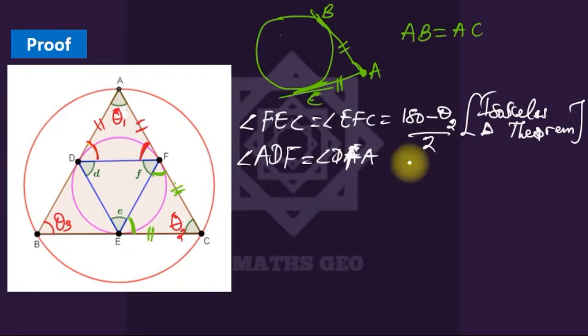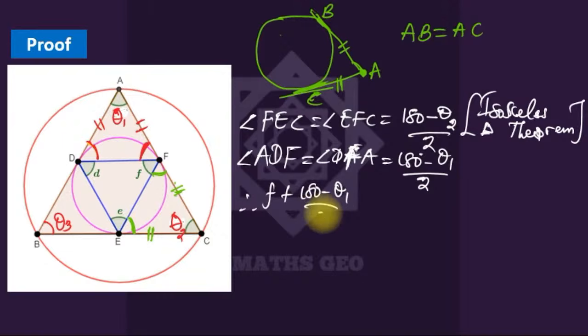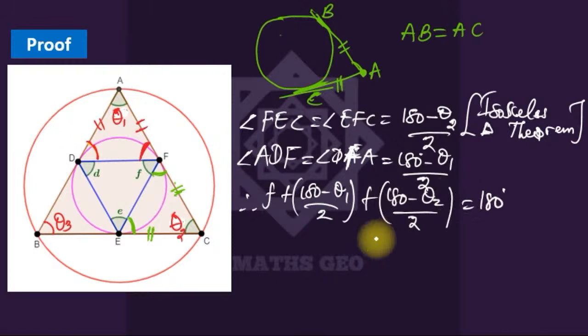180 degrees minus theta 1 over 2. So therefore, we see that we have angle on a straight line, that F plus 180 minus theta 1 over 2 plus 180 minus theta 2 over 2 will always be 180.